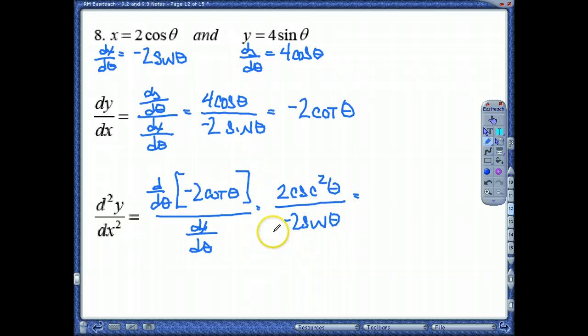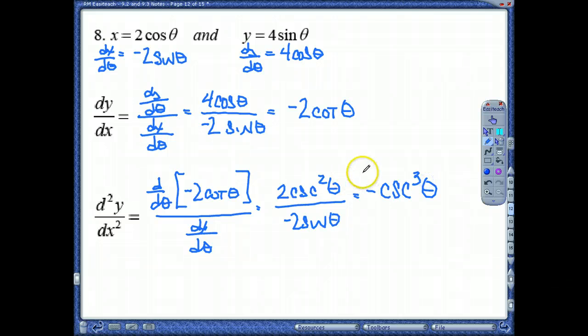Okay. Well, those 2's are going to cancel out. I still have the negative, and you've got sine on the bottom. If I throw that up on top, that's going to be 1 over sine, which is cosecant. So I end up with -cosecant cubed.